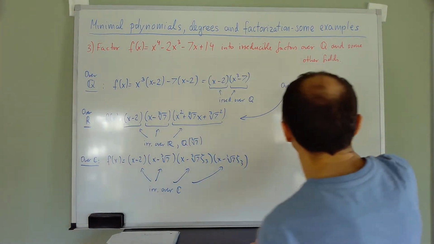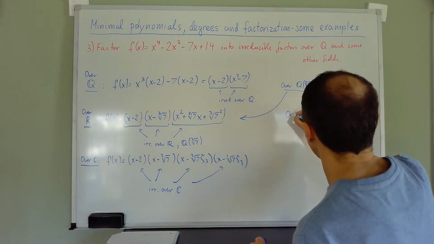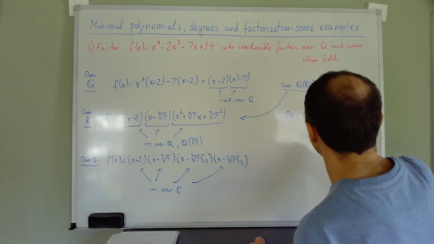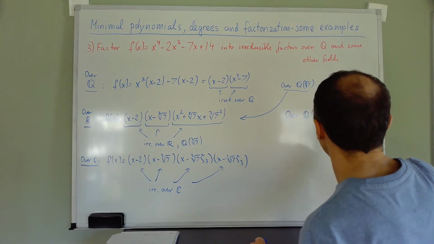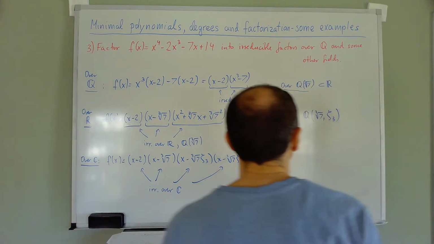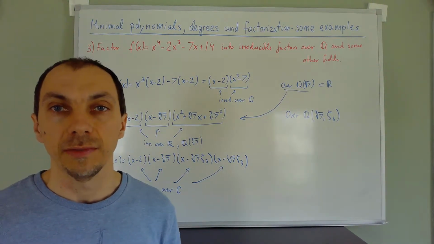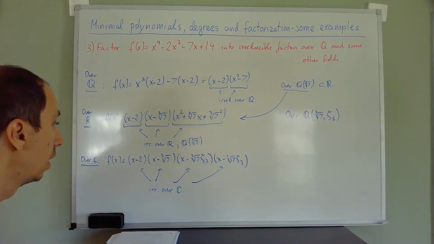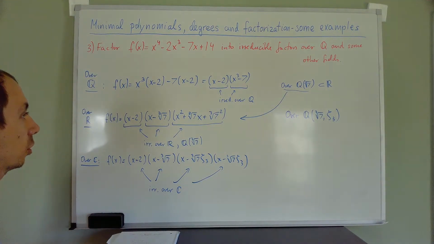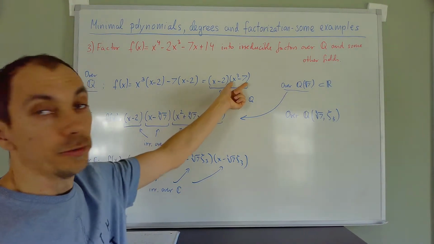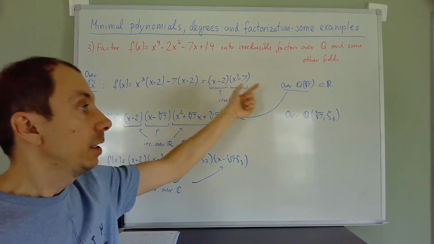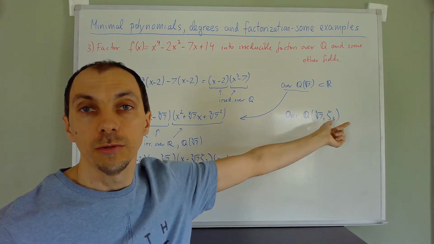What about the following field? Where I adjoin both cube root of 7 and zeta 3. Well, in this case, all the roots of this factor lie in this field, right? Because I know what the roots are.